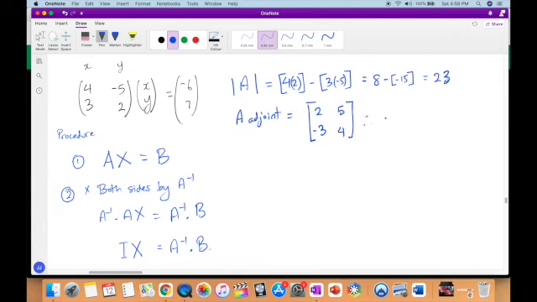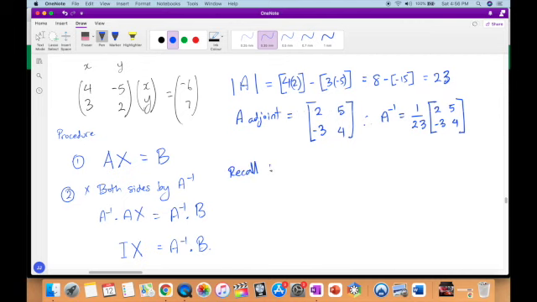Therefore, A inverse is 1 over the determinant multiplied by A adjoint. Everybody cool so far? So I find A inverse.